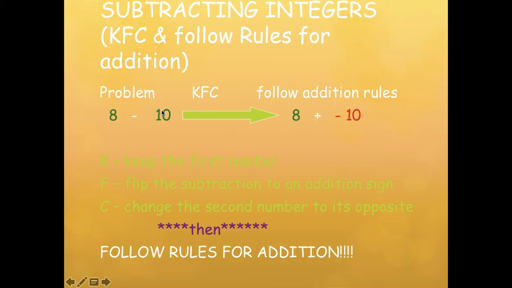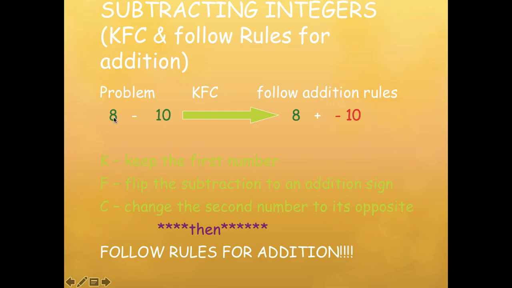Then C, change the second number to its opposite. Now the second number here is positive 10, which is in green color. We need to change it into the opposite, and the opposite of positive 10 will be a negative 10. So in this way we have formed the addition sum.